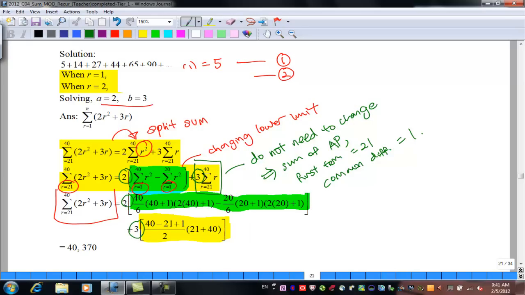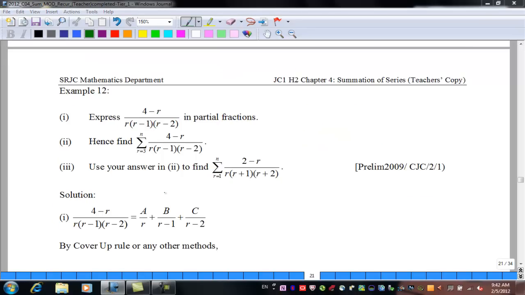If you are very careful and you evaluate using your calculator correctly, you should get a value of 40,370. Example 12 is one of the prelim questions from Catholic Junior College. And this is indeed a very standard type of question, which involves partial fractions, finding a sum, and hence using this we will evaluate another series.